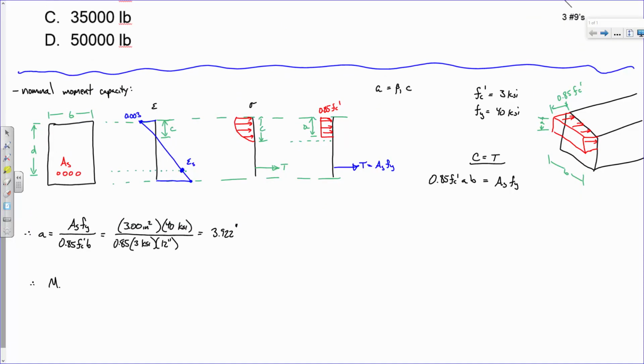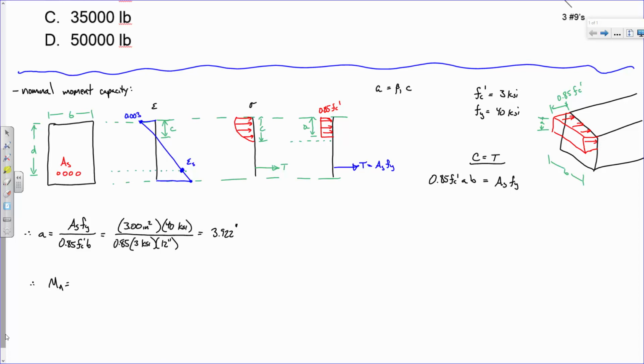Okay, so therefore our nominal moment capacity, and remember how we develop our nominal moment capacity. Remember, what is moment? It's just a force times a distance, right? So remember, we have a force here and a force here, so it's just the force times that moment arm. If you have 2 forces going like that, that force couple is just F times d.